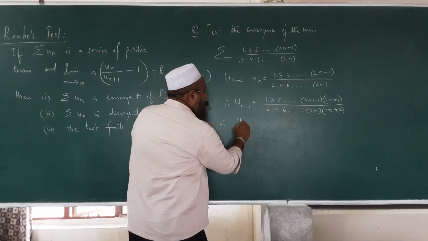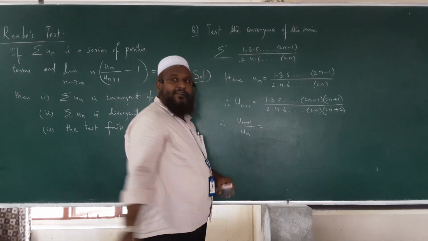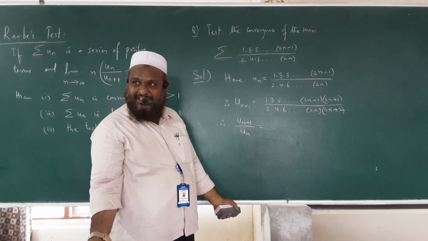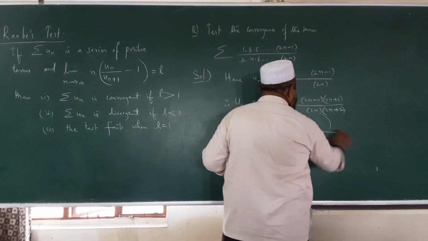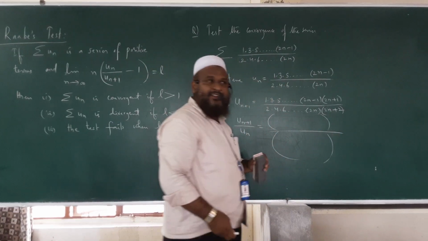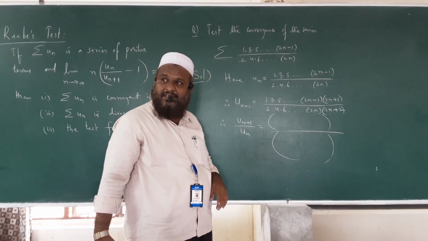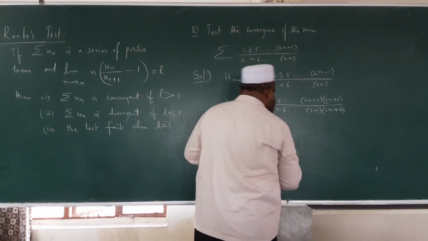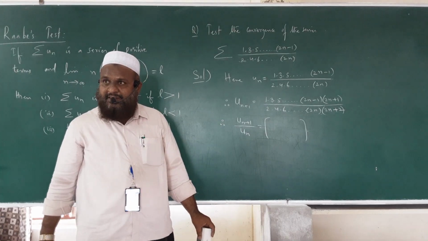Therefore, un plus 1 by un. Now I think you are not at a very basic level that I should write complete un plus 1 and then write un. No need. So what is in the numerator? Un plus 1. Means this complete is to come here, I need not copy.